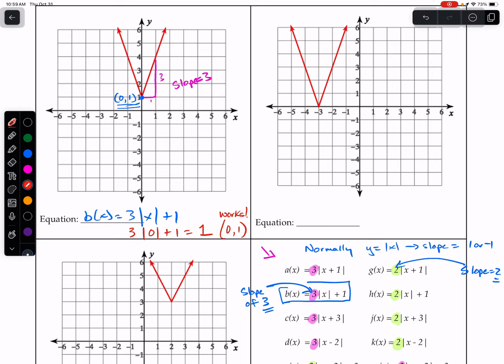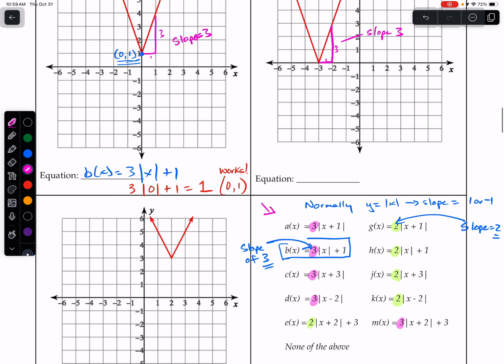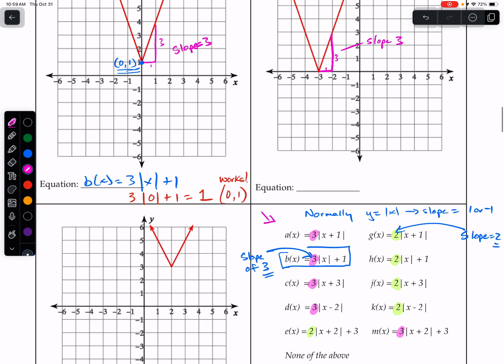Okay, over in the next graph, I have again a slope of 3. And so I'm only interested in the pink ones, and the question is, which one? So it has to be that when I plug in negative 3, I have to get out 0.